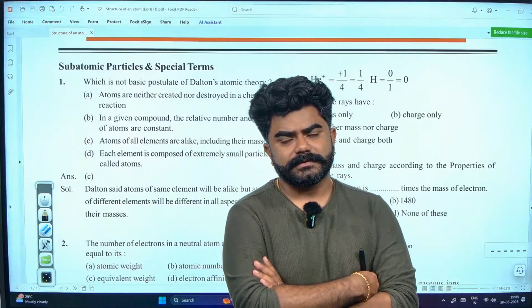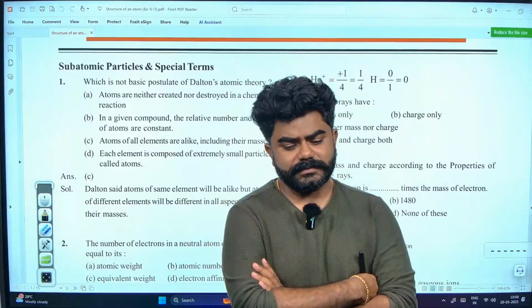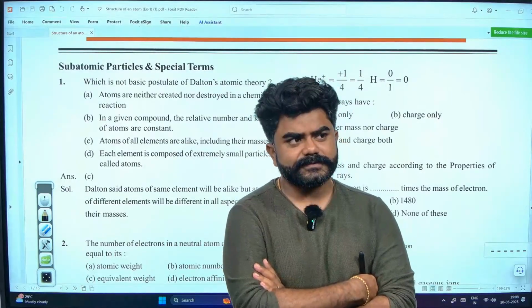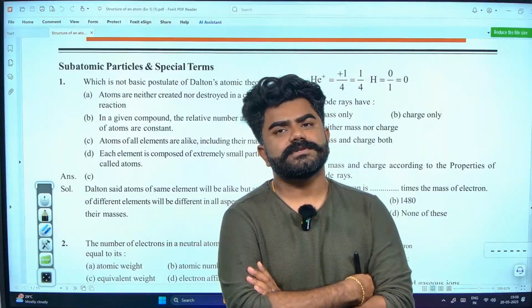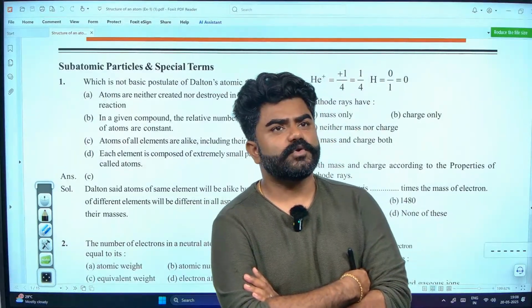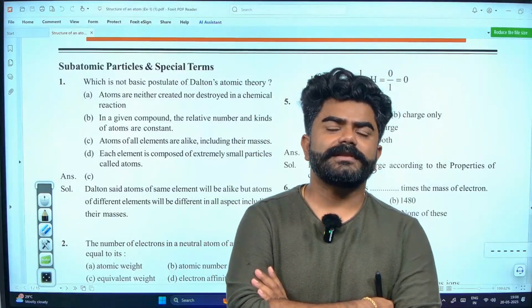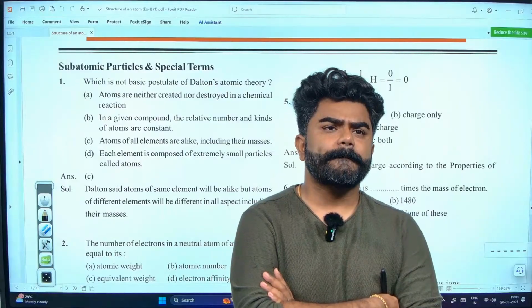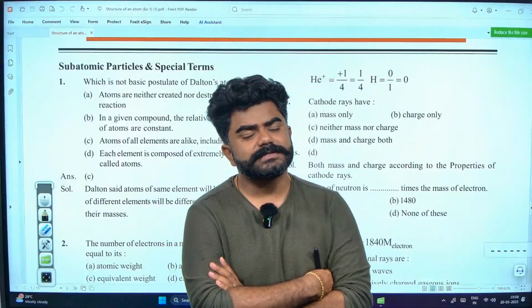Bohr's model, plum pudding model, or J.J. Thomson's model, and Rutherford's model. First was J.J. Thomson's plum pudding model, then Rutherford's model, and finally Bohr's model. So we saw all these models.